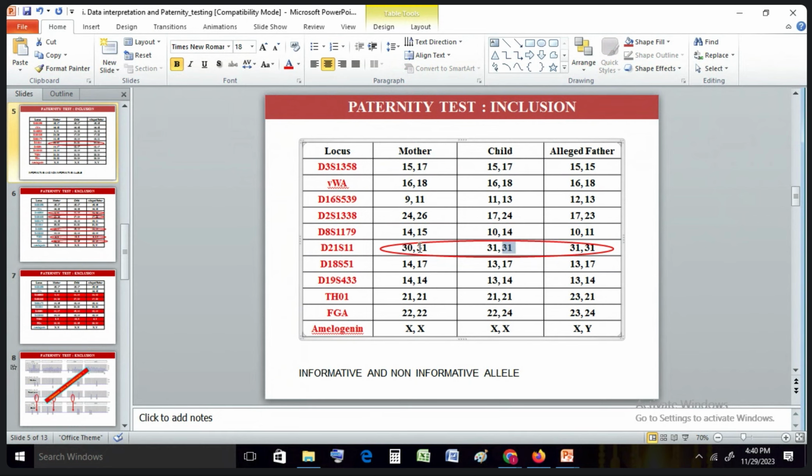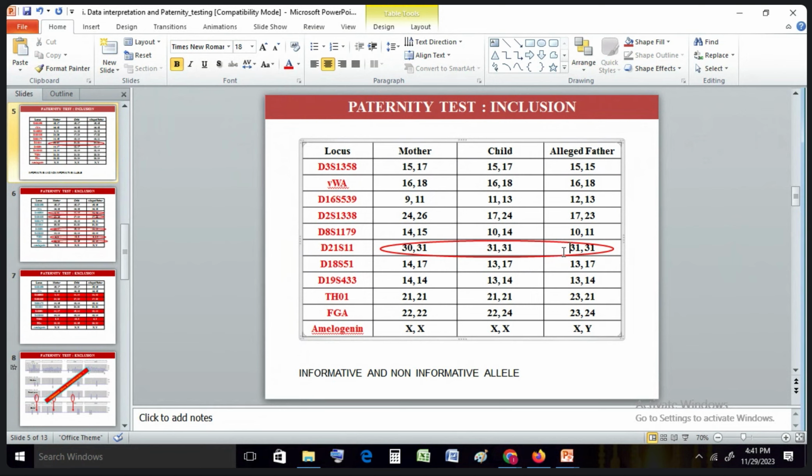So this 31 must go to the child. Just assume this one is coming from the mother for sure. No other chances. So the other 31 is the obligate allele here, and it must come from the other guy. Look at this guy, he carries 31. So it is also a match result.